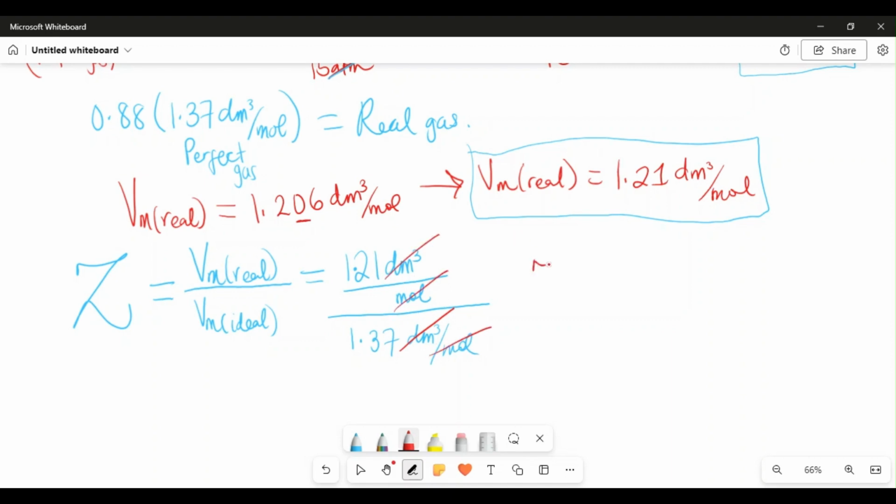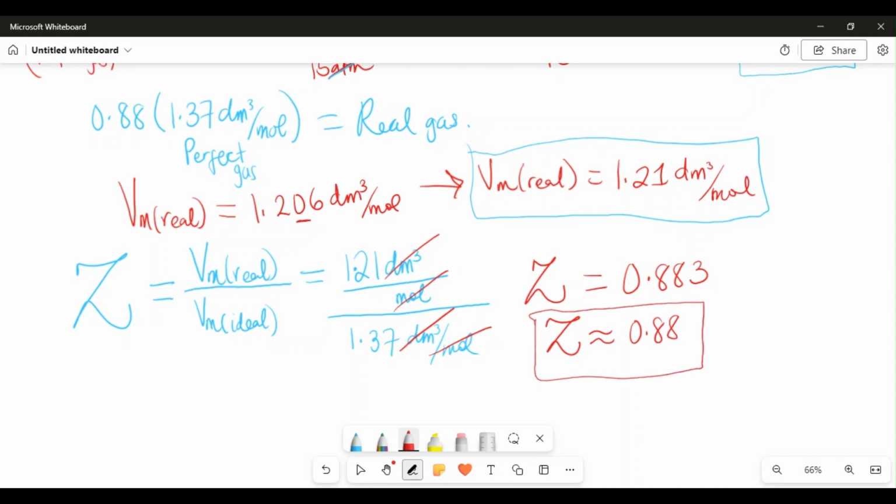So you end up with Z equals 1.21 divided by 1.37. You put it on your calculator to get 0.883. So I'm going to do this in 2 sig figs, which is going to be approximately 0.88. You can see that this is the answer to the value of the compression factor.